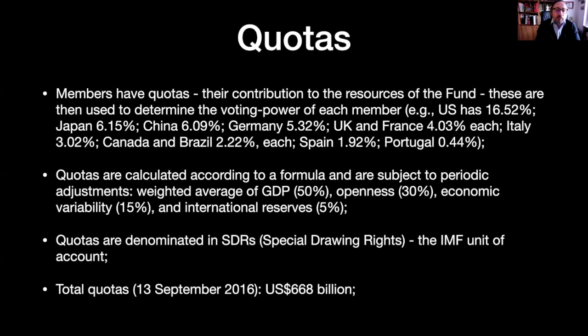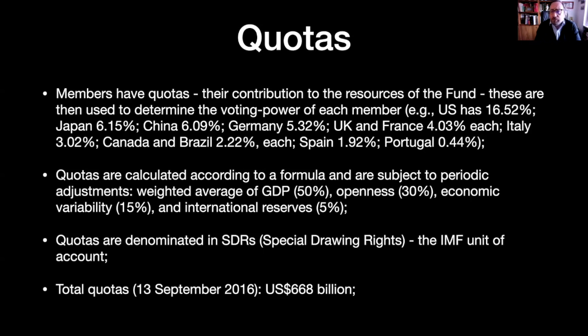China now at 6.09. If you look at, for instance, Spain, 1.92%, Portugal, 0.44%. So, as you can also see in the slide, there's a formula to estimate the amount of the quotas that takes into account the GDP, the openness of the economy.